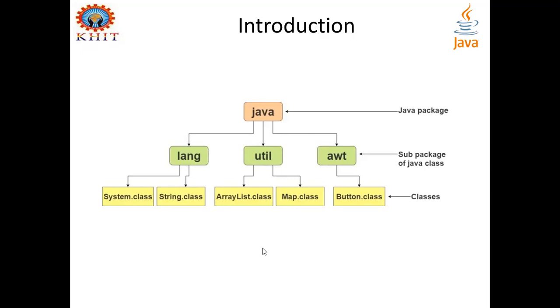These are the main sub-packages of the Java main package. We will import some of the important classes to design solutions to problems, and we'll discuss those in our example programs.